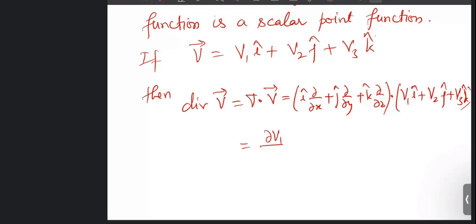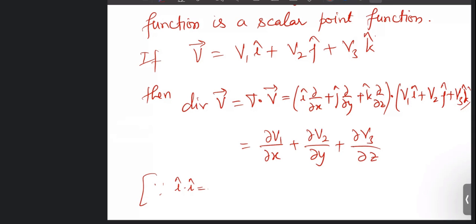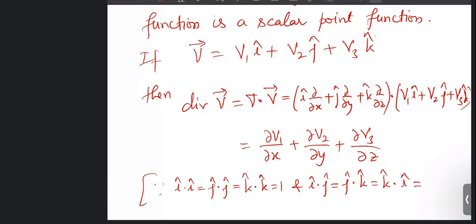Therefore, ∂v1/∂x + ∂v2/∂y + ∂v3/∂z, because i·i = j·j = k·k = 1, and i·j = j·k = k·i = 0 since they are perpendicular and cos 90° is 0.